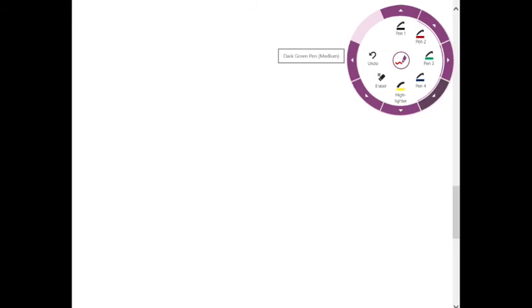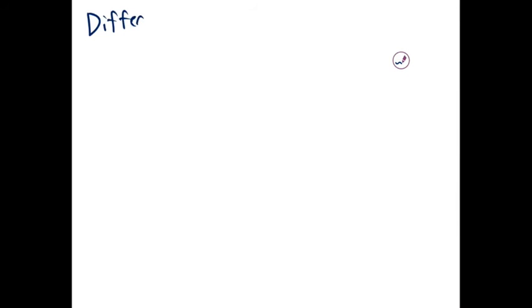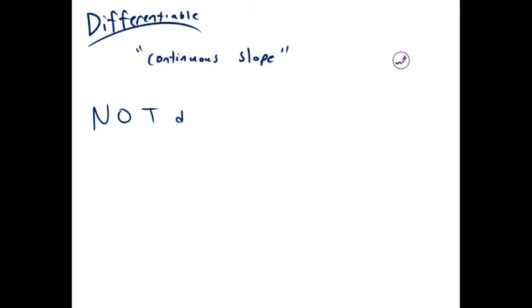To find the derivative of a function, it needs to be differentiable. We don't need to go into the technical details of it, just give you more of an intuitive idea. The function must be smooth, so the slope is continuous. I'll give you examples of things that are not differentiable.